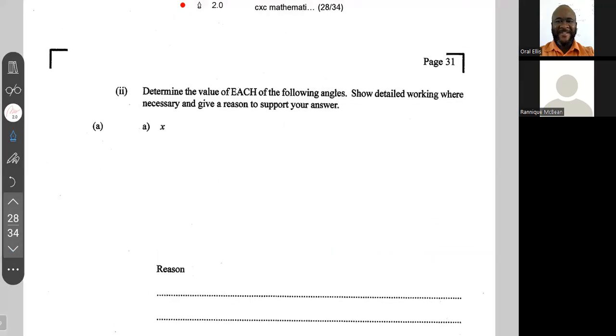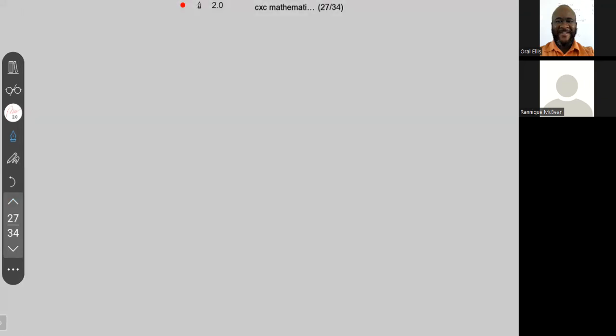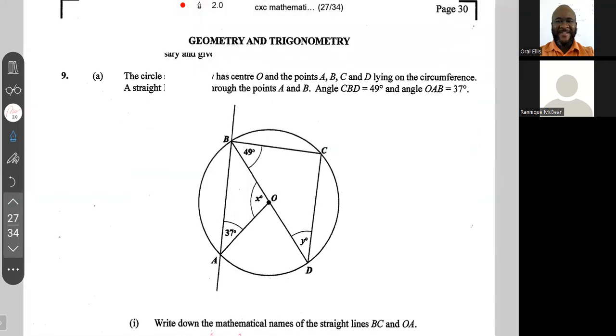Determine the value of each of the following angles, show detailed working where necessary, and give a reason to support your answer. So X, we need to see how we're going to get X. Where's X? Oh, X is there.